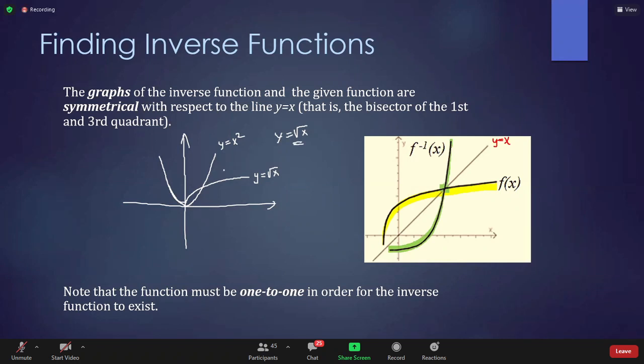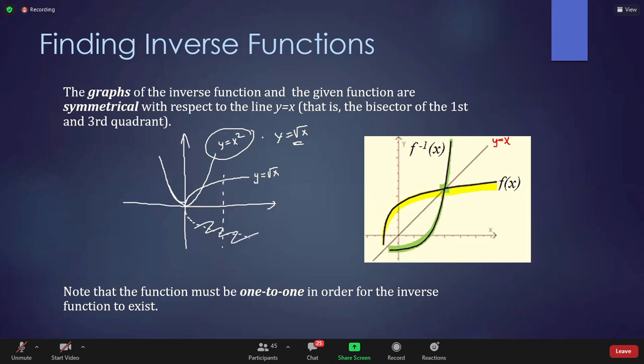In principle, if I want the inverse relation, I should have both the positive and the negative root to have the perfect symmetry. But in this case, we don't have a function. The inverse is not a function. The given function, the quadratic, is a function. But if we want to write the inverse relation, all of a sudden, it is not a function. Or if it is, then we cannot use one of the branches of this second graph.